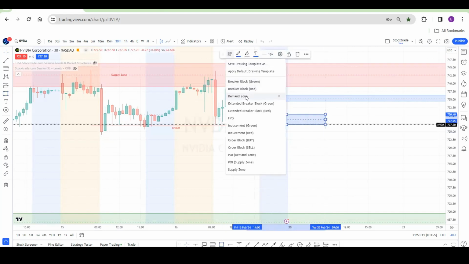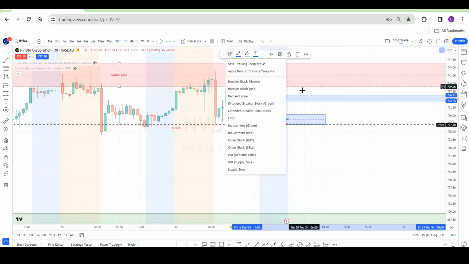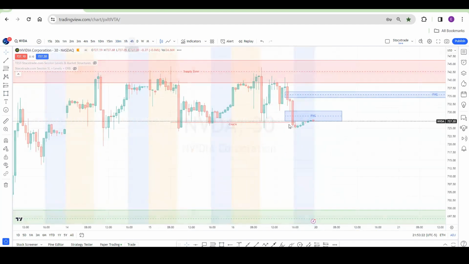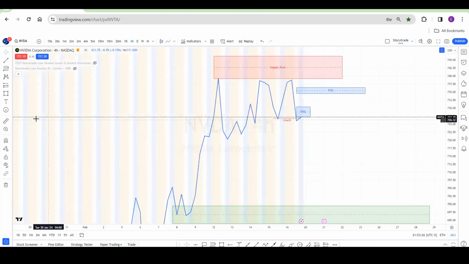So if the price will not break these fair value gaps, there are more chances that it will come to test this area.